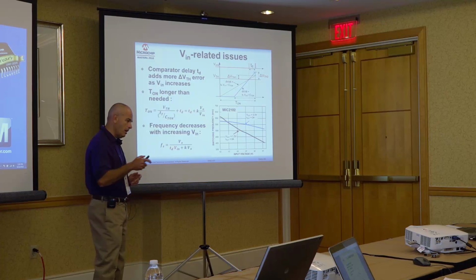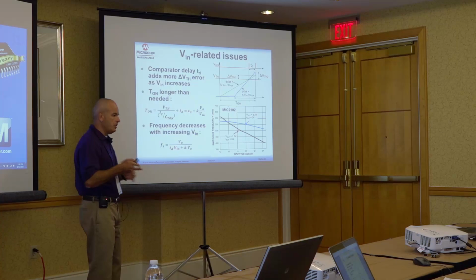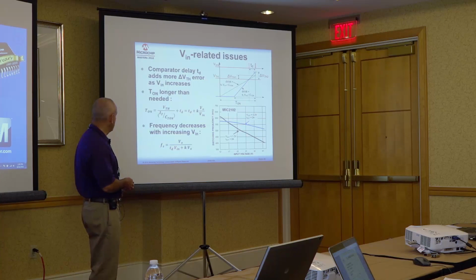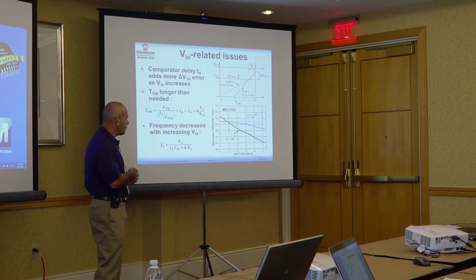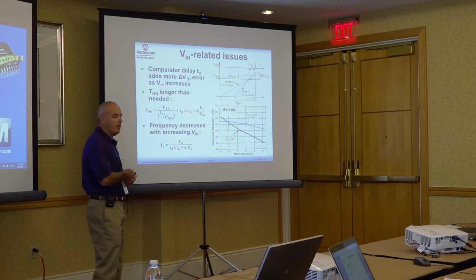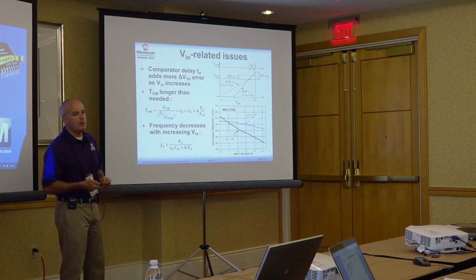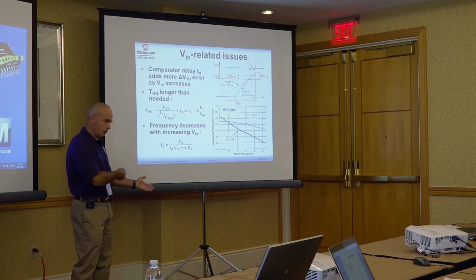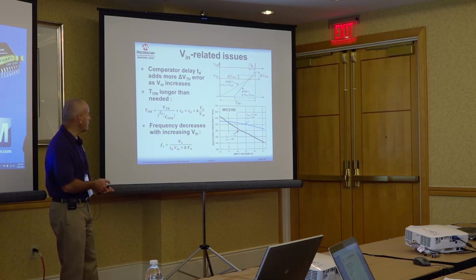So basically, our on-time is increasingly bigger than needed as the Vin increases. That means the frequency will tend to decrease as the input voltage increases. And this effect may not be that bad if your on-time is already relatively big, because the delay doesn't count much if the on-time is already big.